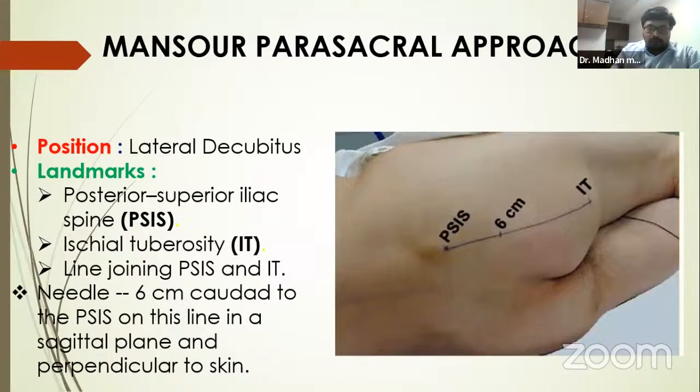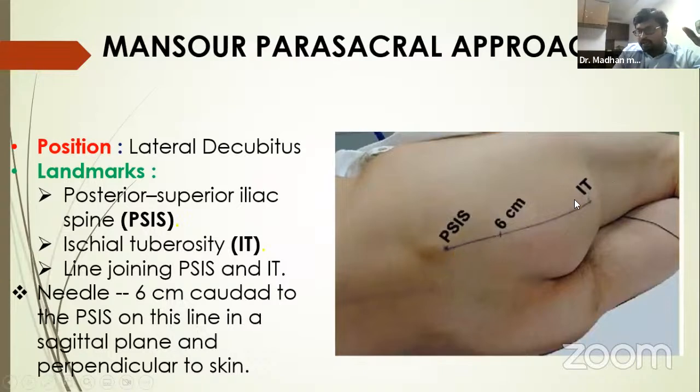Okay, right. So for this approach, the patient should be kept in the lateral decubitus position, and the side to be blocked should be superior, or you can put the patient in prone if possible. Both are well and good, right? So you need to palpate the posterior superior iliac spine, and then palpate the ischial tuberosity.